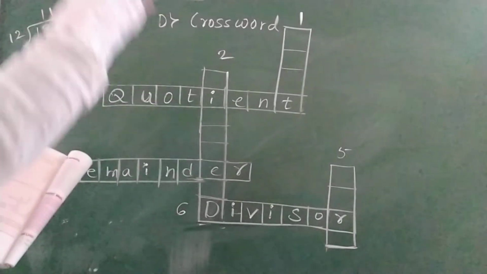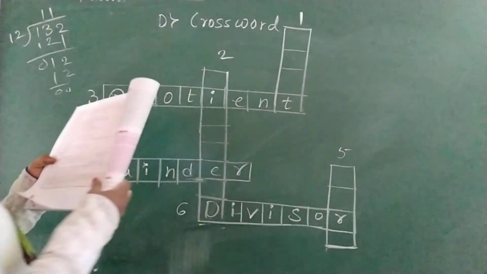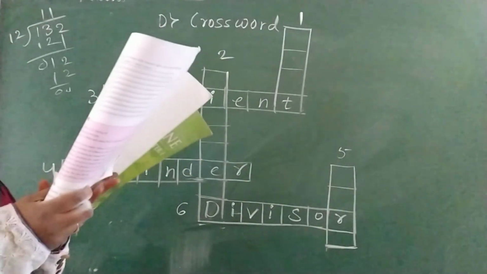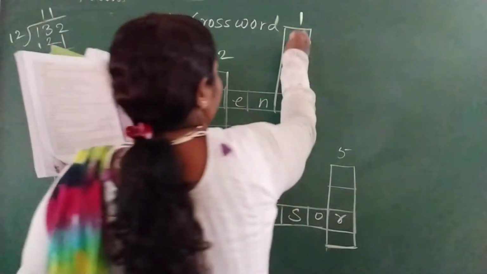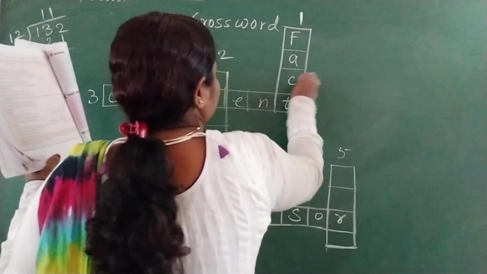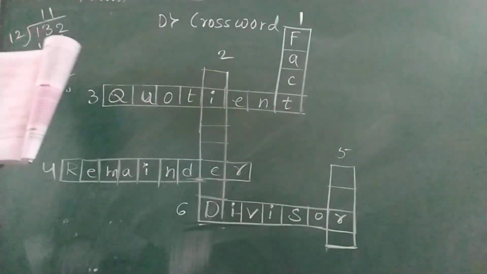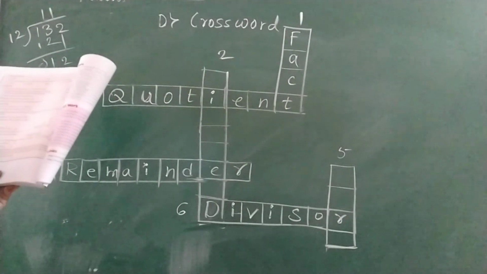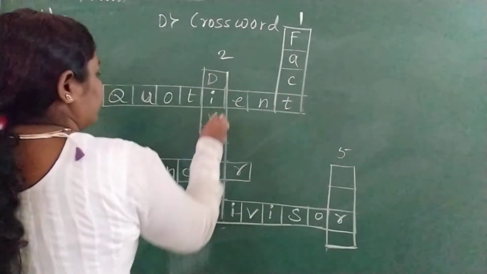Now we have to see downwards. First one, this one. A division fact gives rise to a corresponding multiplication fact. Multiplication fact and division fact. Next, second one, the number being divided is called the dividend.